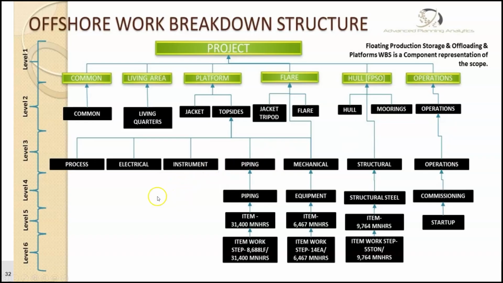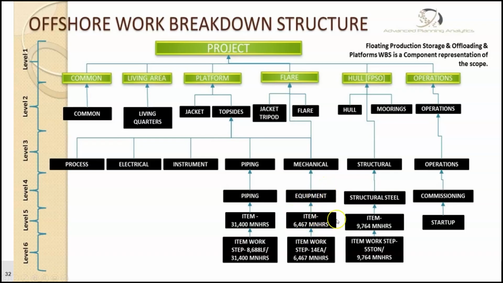Then beneath that, the disciplines will have a type of breakdown, quite possibly a deliverable, quite possibly a piece of equipment. But the further you go down, he or she will have a set of responsibilities that is quantifiable.